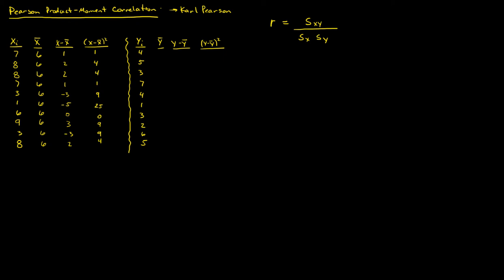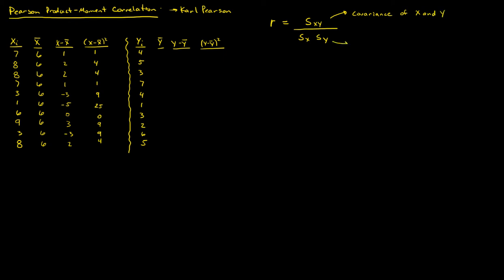Let's talk about what these are briefly. It's called the product moment correlation, and this top piece, the S sub xy, is really the covariance of variable x and variable y.